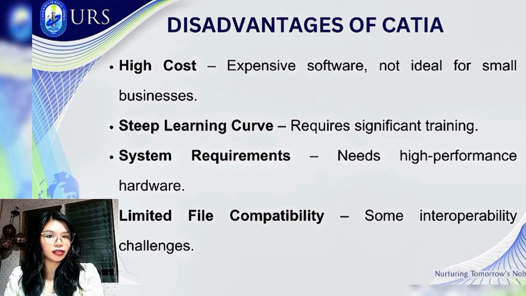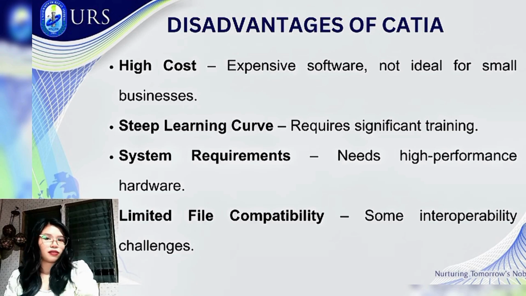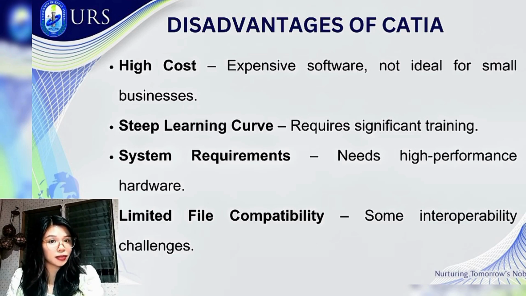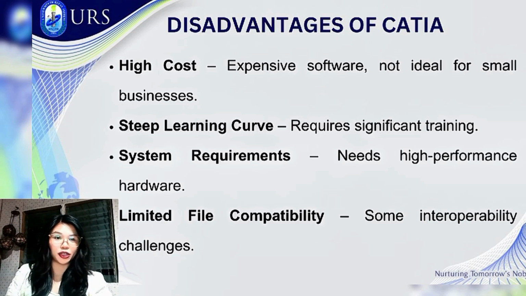Despite the advantages of CATIA version 5 and CATIA 3D Experience, it still has disadvantages. Firstly, it has a high cost, making it less suitable for small businesses or startups with limited budgets. Secondly, the software has a steep learning curve, requiring significant training and time investment to master it.